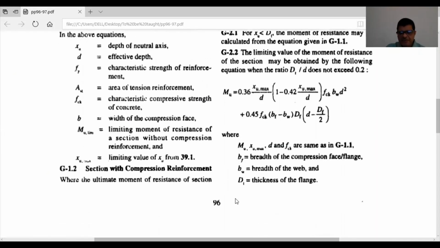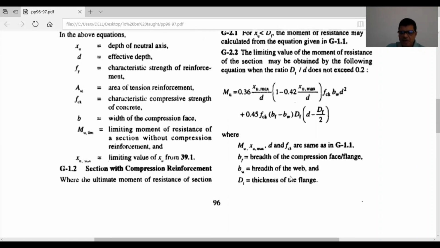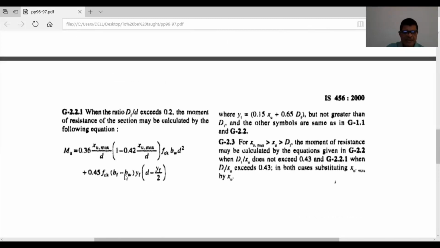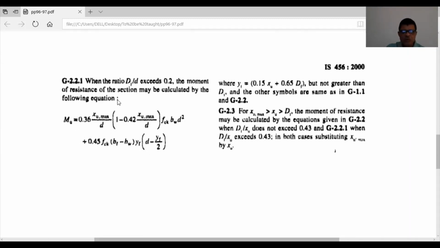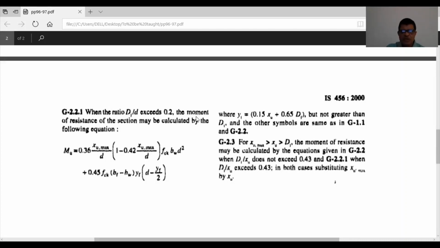So if Df by d does not exceed 0.2, then you have to use this formula. Now if it exceeds 0.2, then you come to here. Whenever this ratio exceeds 0.2, the moment of resistance will be calculated like this.